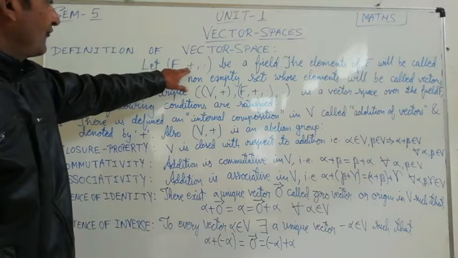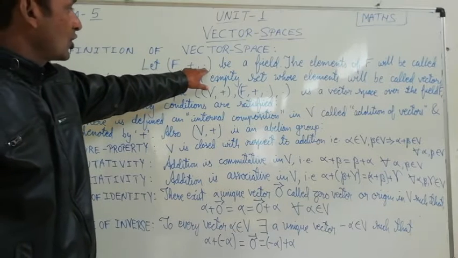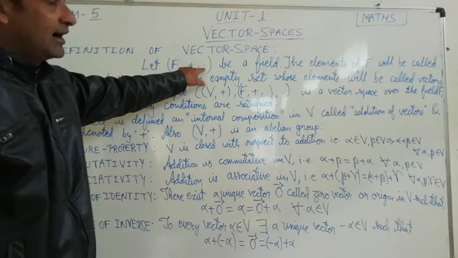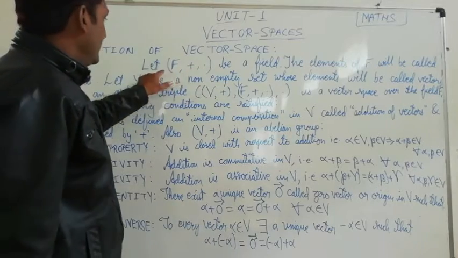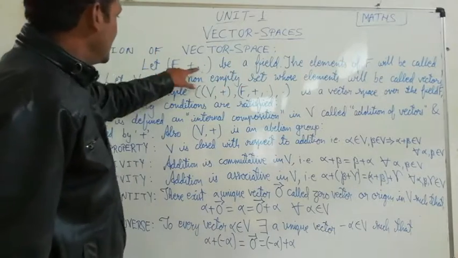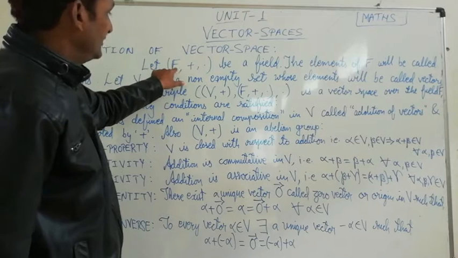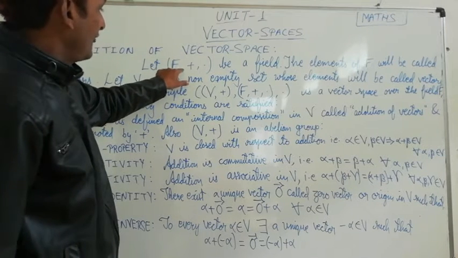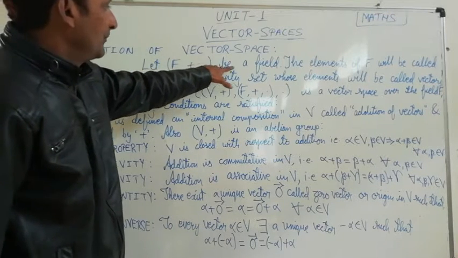Let (F, +, ·), where + means addition and · means multiplication, be a field. This is the field which is explained in brackets here.